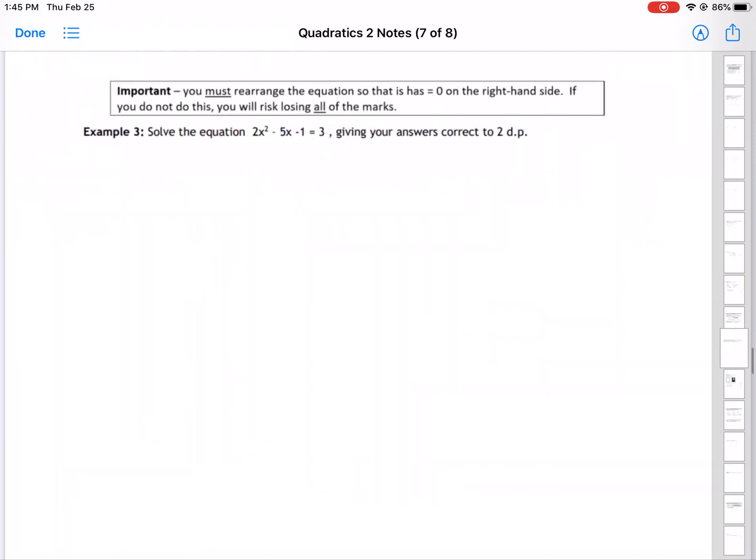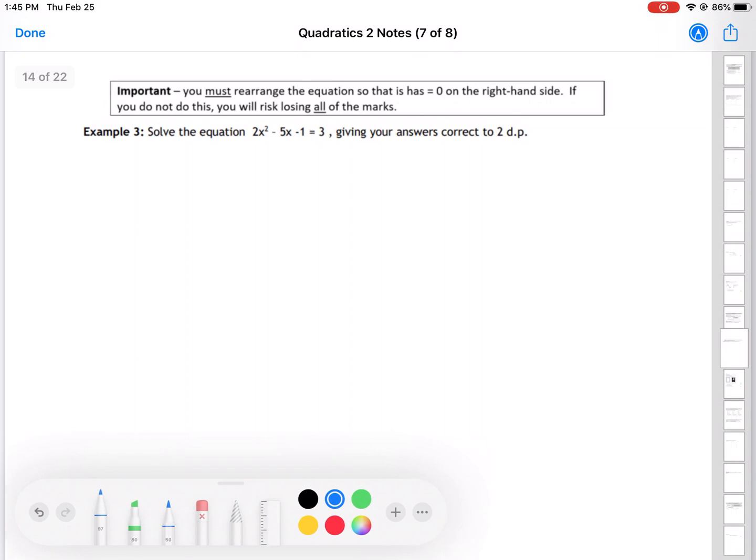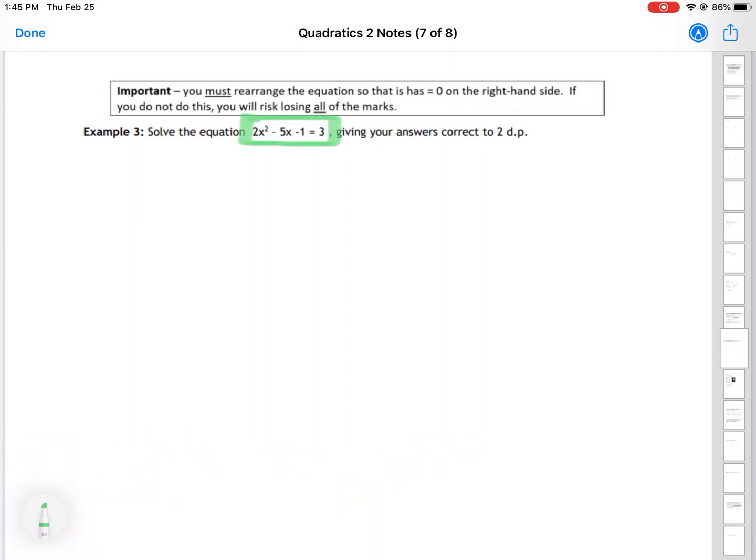Now, just like before with the factorising method, we can also have our equations displayed to us in this form, where we don't have 0 on the right hand side. That box up here lets us know that we must rearrange to have 0 on the right hand side, otherwise the quadratic formula does not apply.